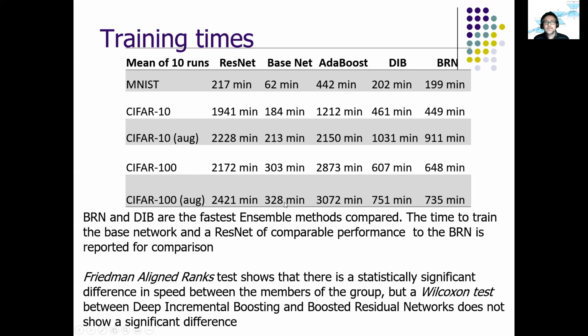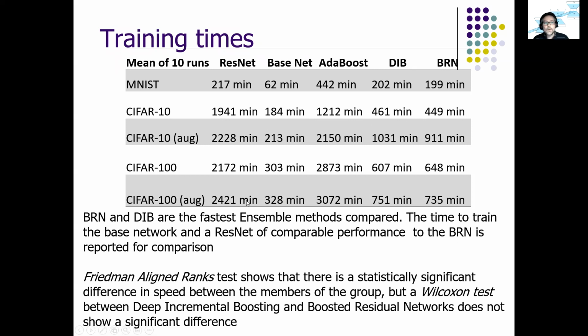This is the training time that the base network took to produce. Okay. And this is the time that the ensemble took to produce. When you use deep incremental boosting, where you have base networks, these are the networks with convolutions, convolutional neural networks. And the BRN is the ensemble where you use residual networks. Okay.